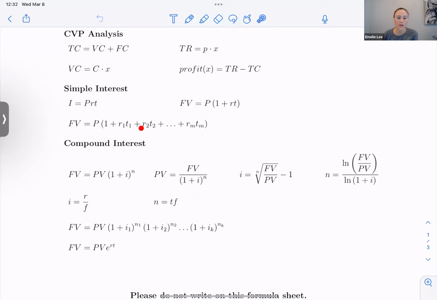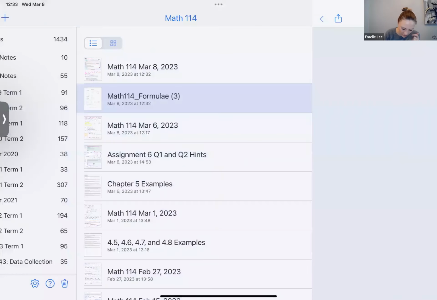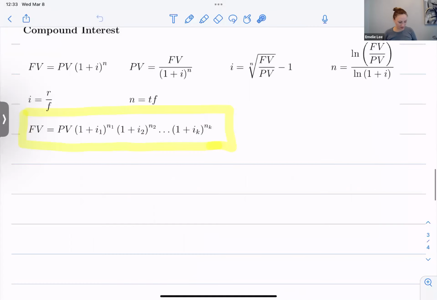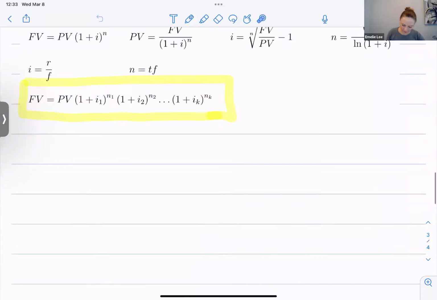So you have R1 for some amount of time, T1, R2 for some amount of time, T2. That's for simple interest. We can have the same idea, but for compound interest, right? But it's going to be some periodic interest rate for some number of compoundings, and then some new periodic interest rate for some number of compoundings, and so on and so forth. Same idea as before, okay?